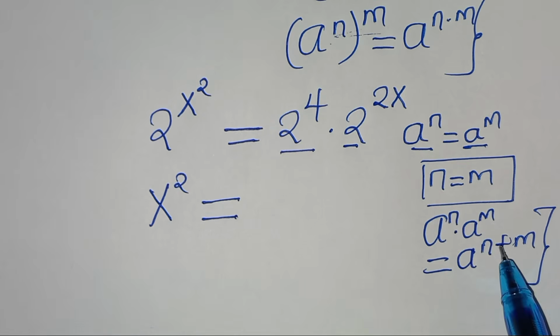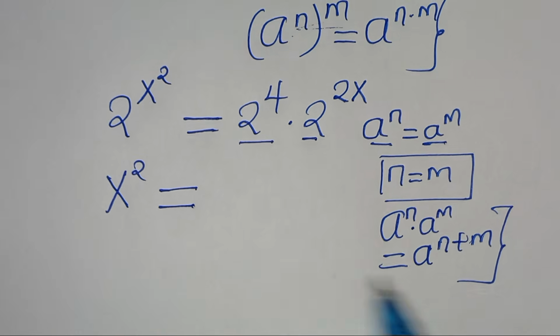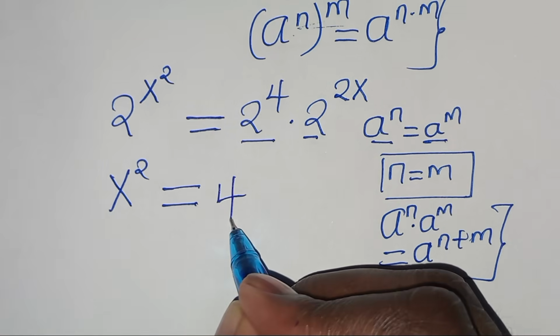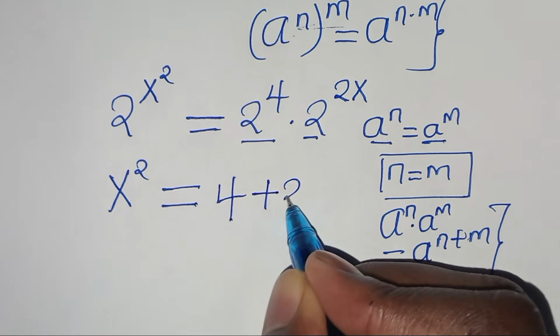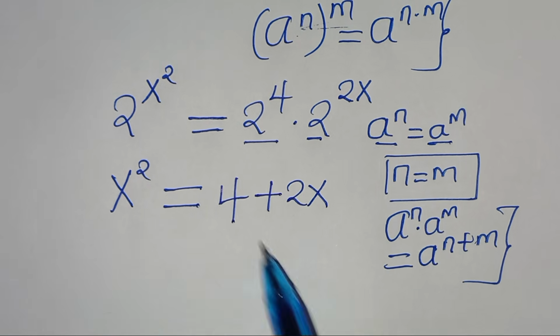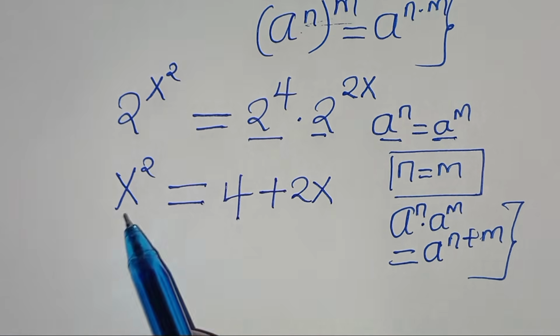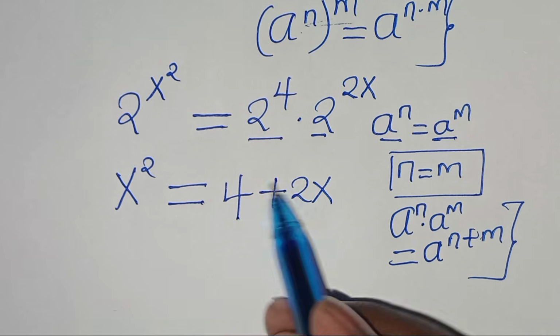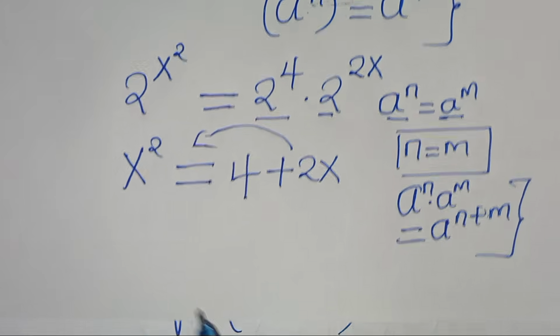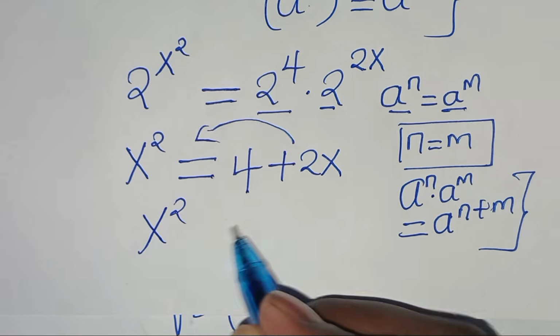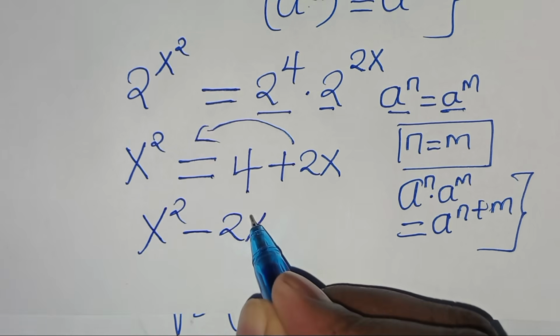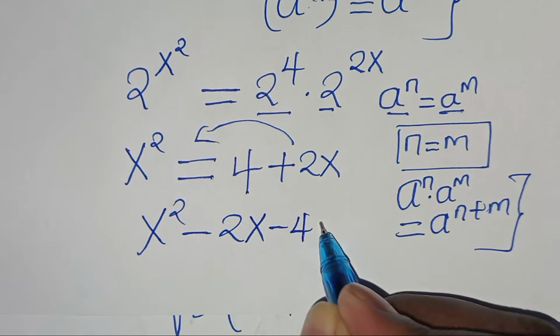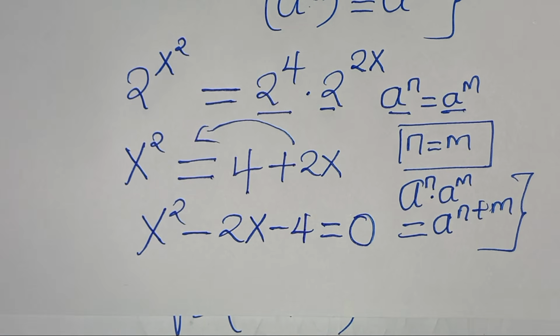Applying this exponent property as well, we have 4 plus 2x. So x squared is equal to 4 plus 2x. Let's take 4 plus 2x to the left hand side so that we have x to the power of 2 minus 2x minus 4 equal to 0.